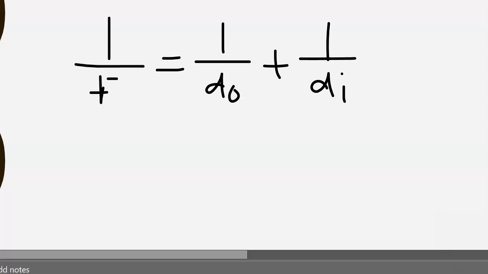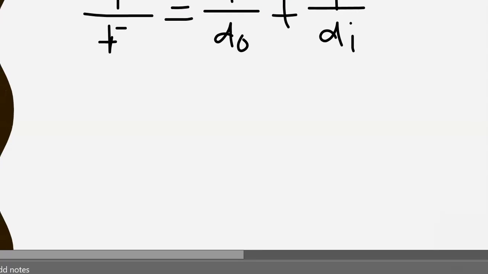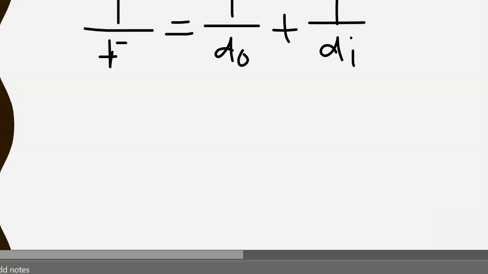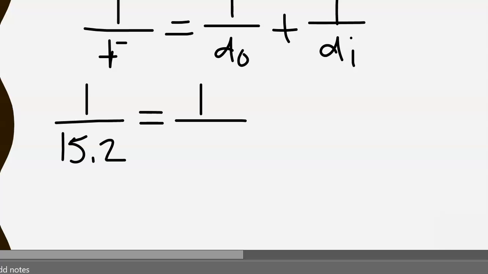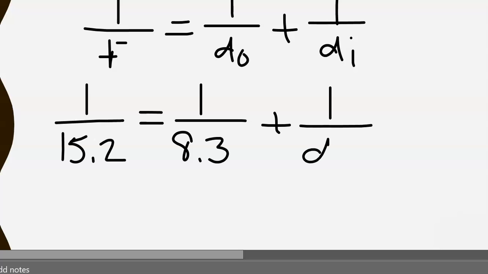Our mirror formula was 1 over F is equal to 1 over DO plus 1 over DI. Our focal length was 15.2, so we should have 1 over 15.2, and we're just going to leave everything in centimeters for right now, equal to 1 over our distance of our object, which was 8.3 centimeters, plus 1 over DI.